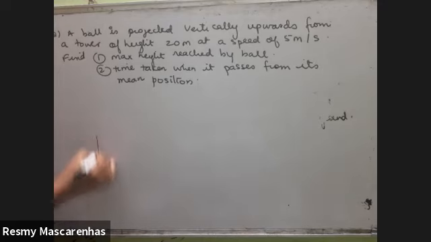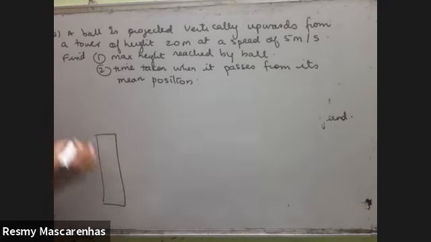So if there's a tower, that tower is of 20 meters. Now, there's a person who's standing here again. What is going to happen? The ball from the height.